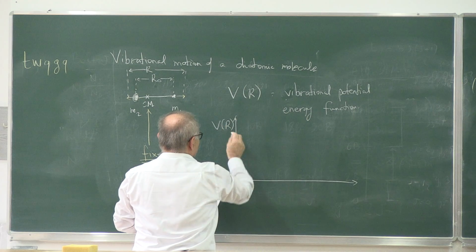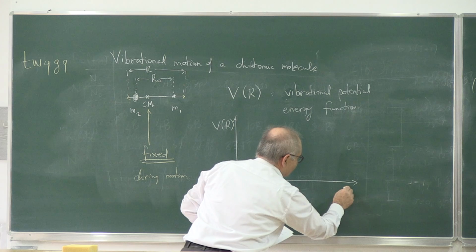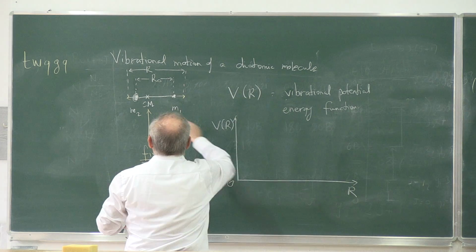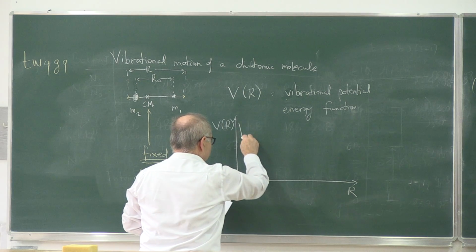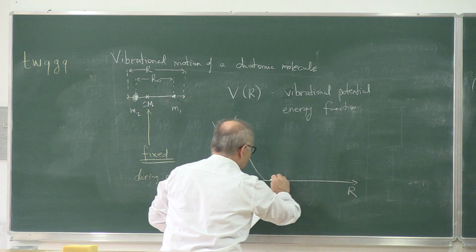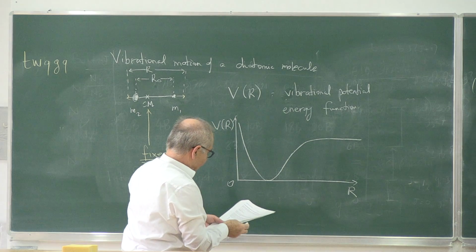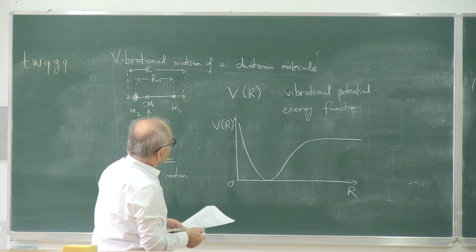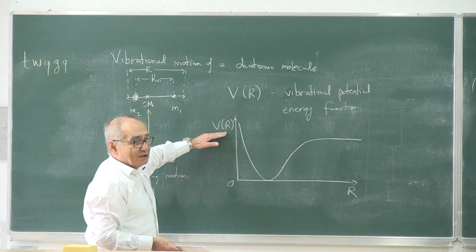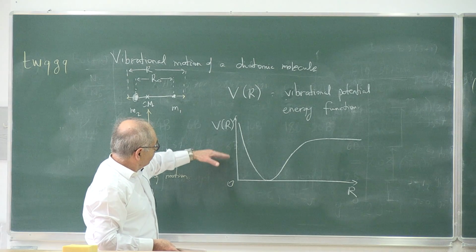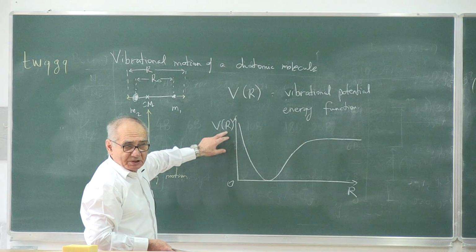is as follows. This is 0 for the distance between the two atoms. It looks like this. Values of the potential energy function are positive values according to this picture.